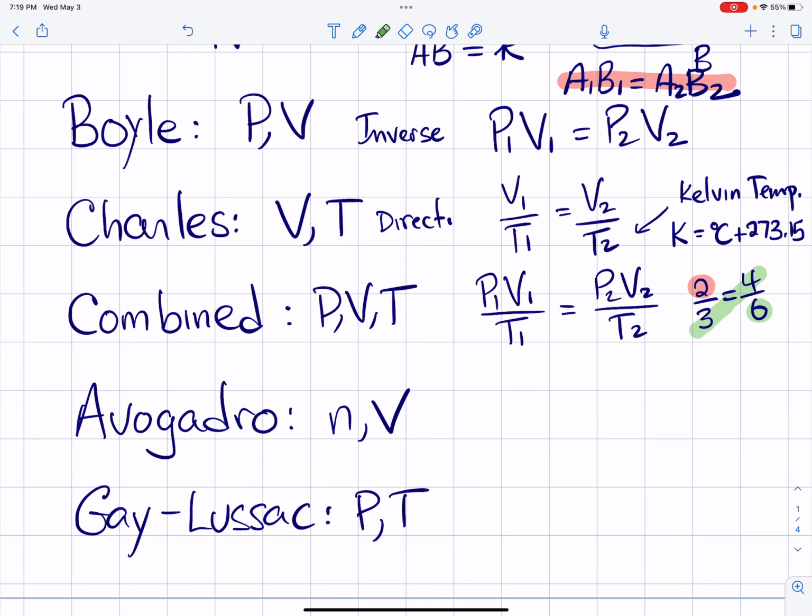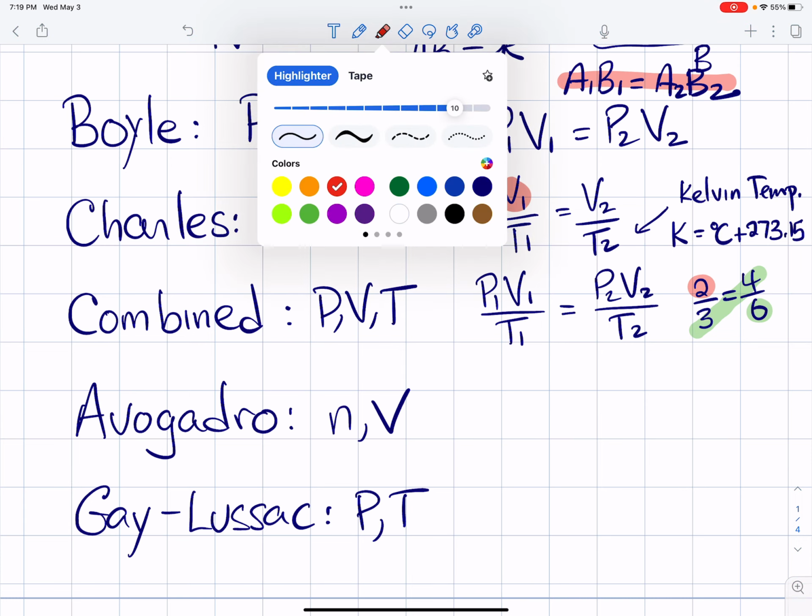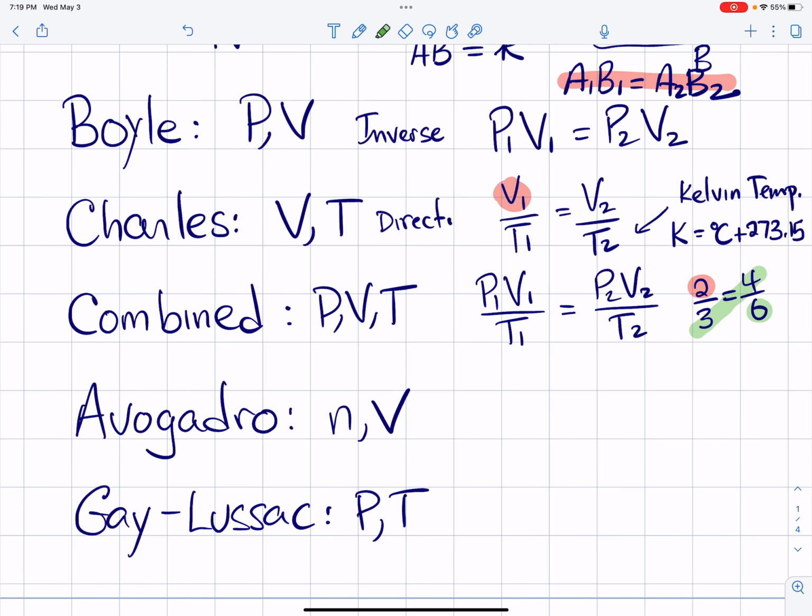So similarly, if you look up at Charles's law, if you wanted to find the volume number 1, you could say that V1 is equal to T1 times V2, the two numbers opposite each other, divided by T2. When you're looking at the combined law, it's a little bit different, but not much.